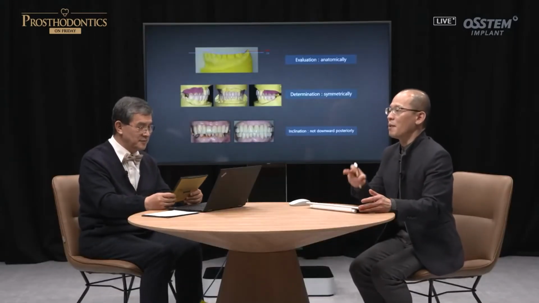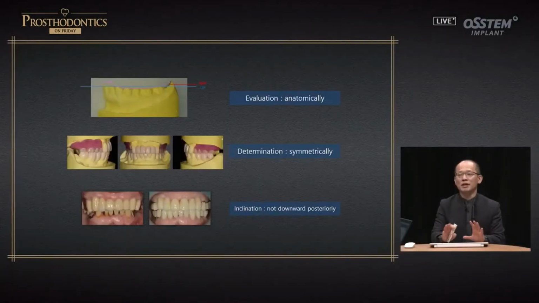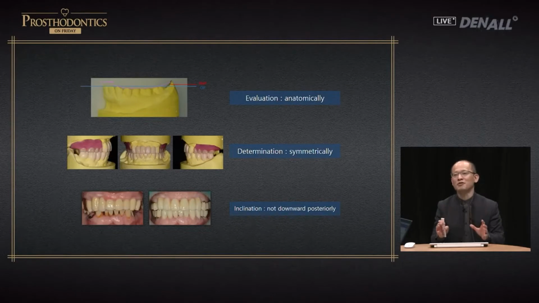Now, in the occlusal plane, the summary will be evaluation. Use the knowledge you have learned from school, and the unique occlusal plane. It's more like mechanical knowledge you need to consider.